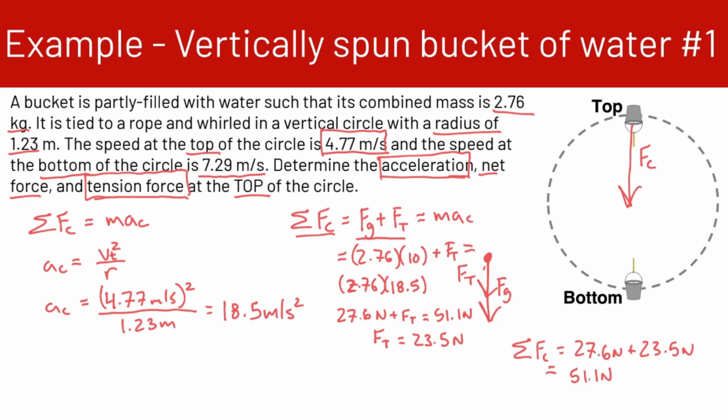So our centripetal acceleration at the top of the circle is 18.5 meters per second squared. Our net force is 51.1 newtons, and our tension force is 23.5 newtons at the top of the circle.